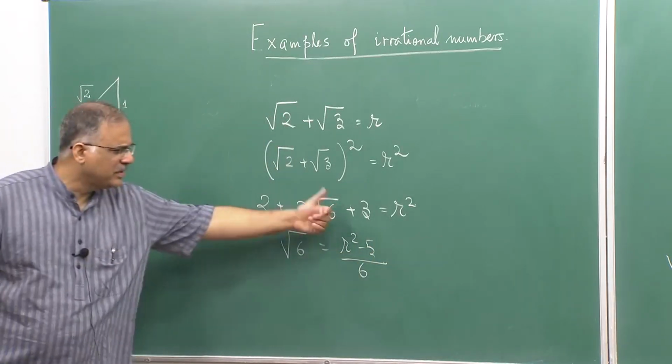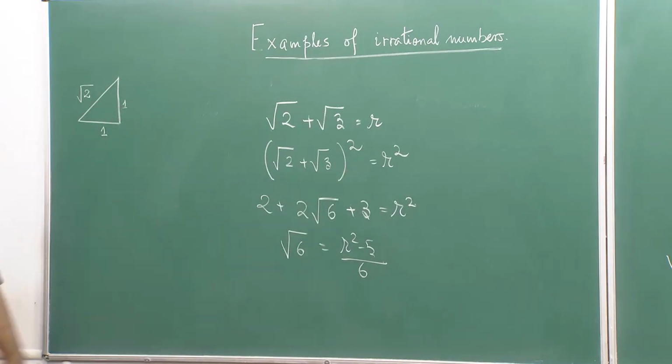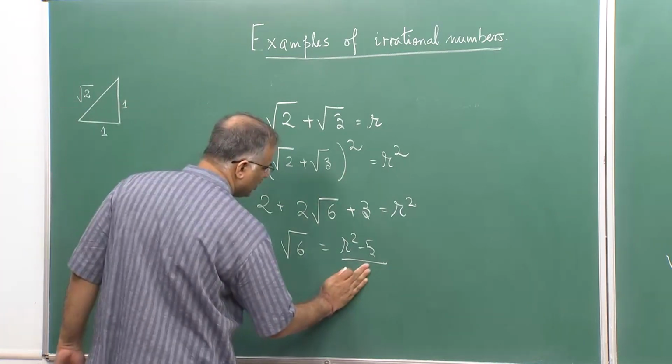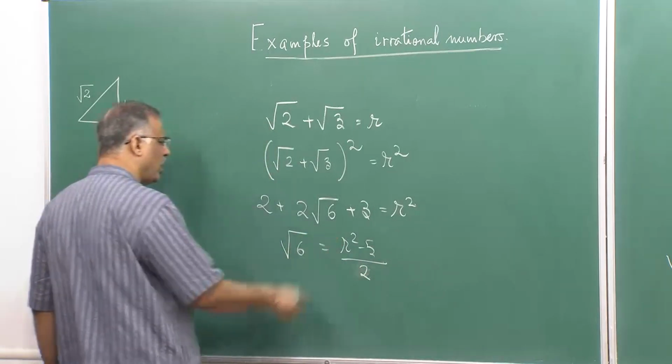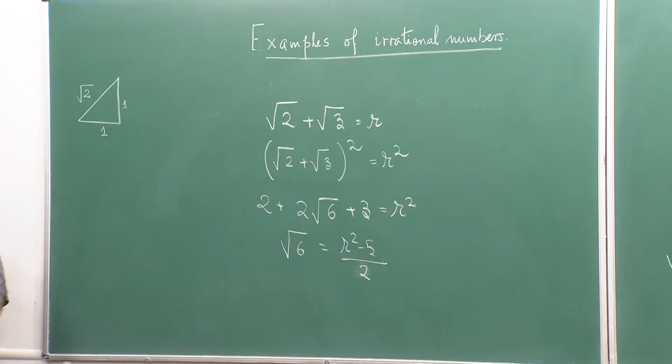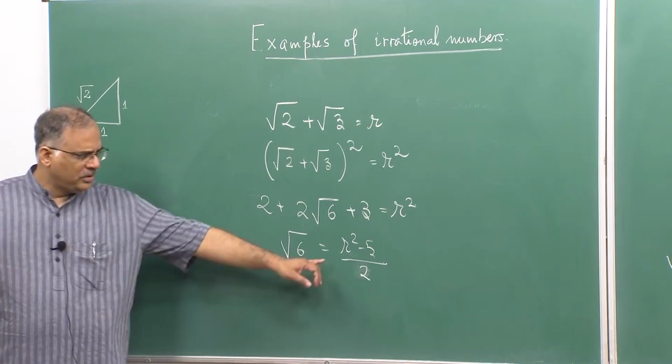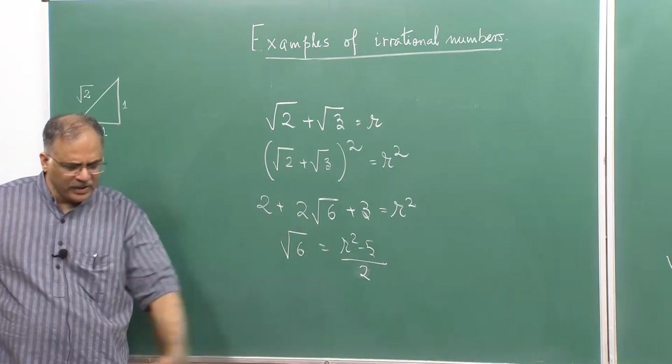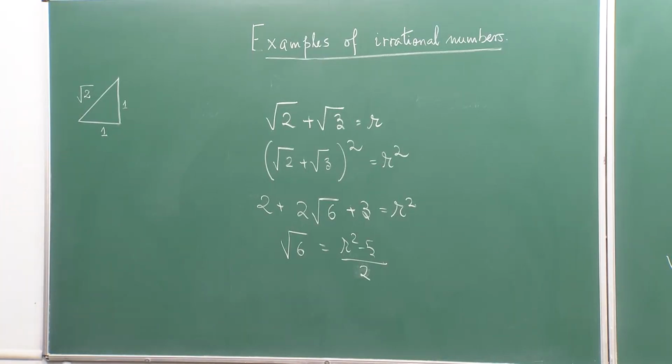So, you add 2 plus 3 and take it to the other side and divide by 2. Now, if r is a rational number, r square minus 5 is a rational number. Now, if you divide two rational numbers, they will give me another rational number.